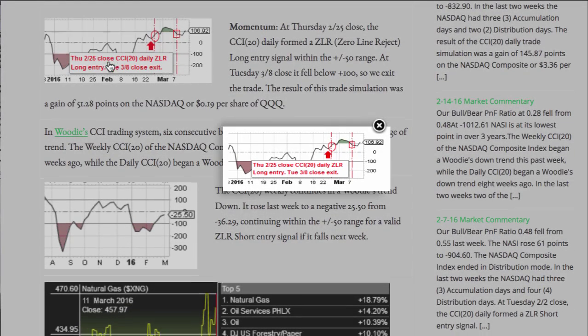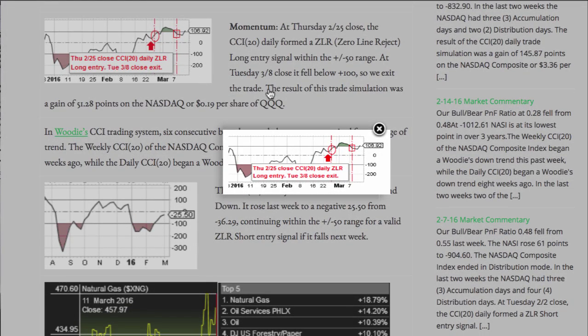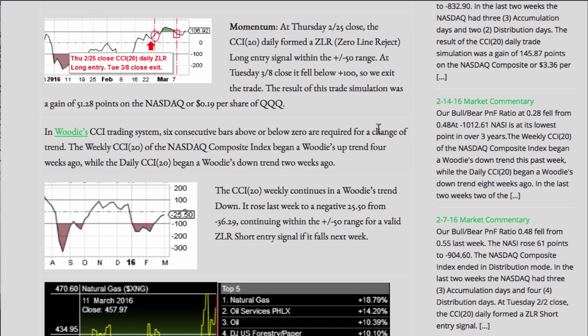Momentum. At Thursday 2:25 close, the CCI 20 daily formed a zero-line reject long entry signal within the plus or minus 50 range. At Tuesday 3:08 close, it fell below plus 100, so we exit the trade. The result of this trade simulation was a gain of 51.28 points on the Nasdaq, or 19 cents per share of QQQ.